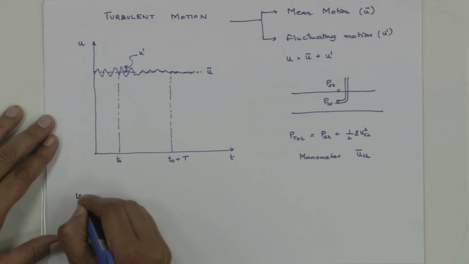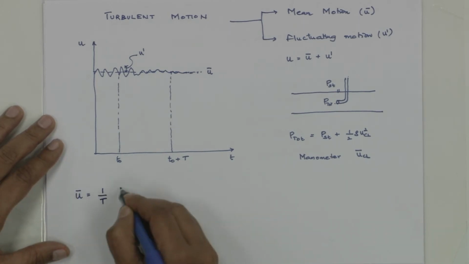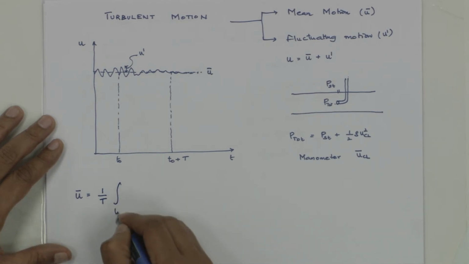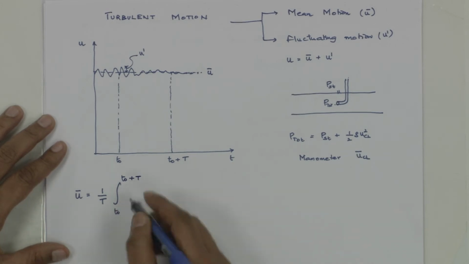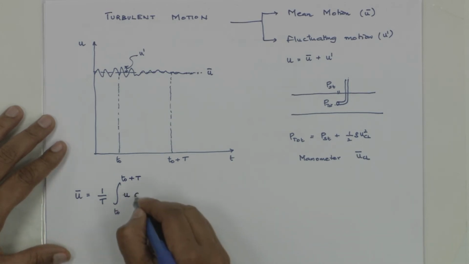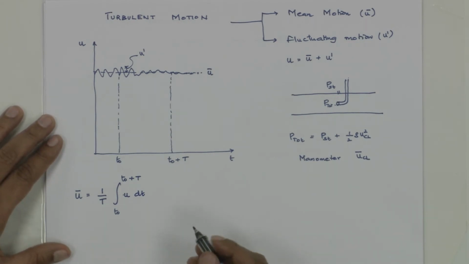But now let us try to define this U bar. What is U bar? U bar is 1 by T integral from T naught to T naught plus T of U dt. Of course U is a function of x, y and z, but I have taken one location. Now what is U?